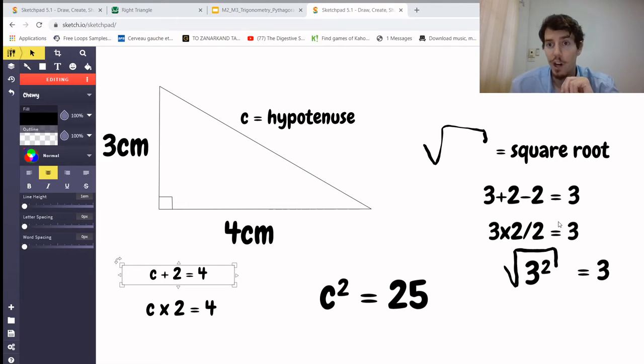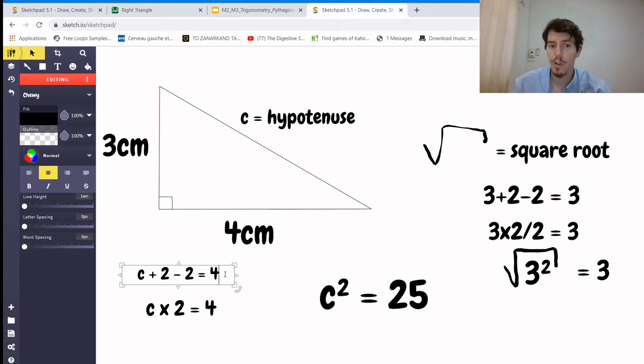Alright guys, we're almost done. So before we find how much is c in this equation, I want you to look at these two simple equations here. How do we find the solutions to something like this? c plus 2 equals 4. Here we have plus 2 and we don't want the plus 2, so we have to take the opposite, yeah? We have to minus 2.